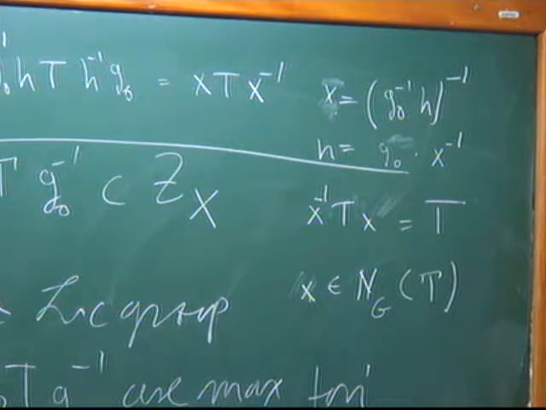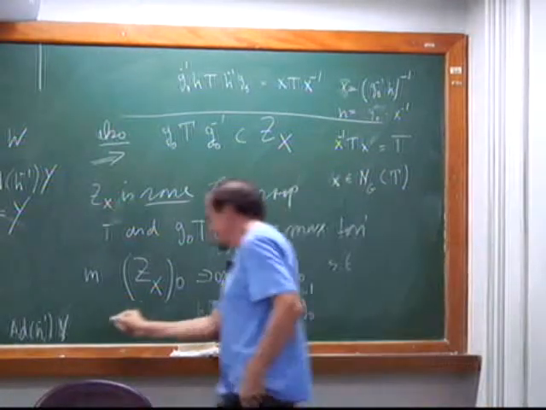So h is G0 x inverse. Maybe here. That's how I continue here.